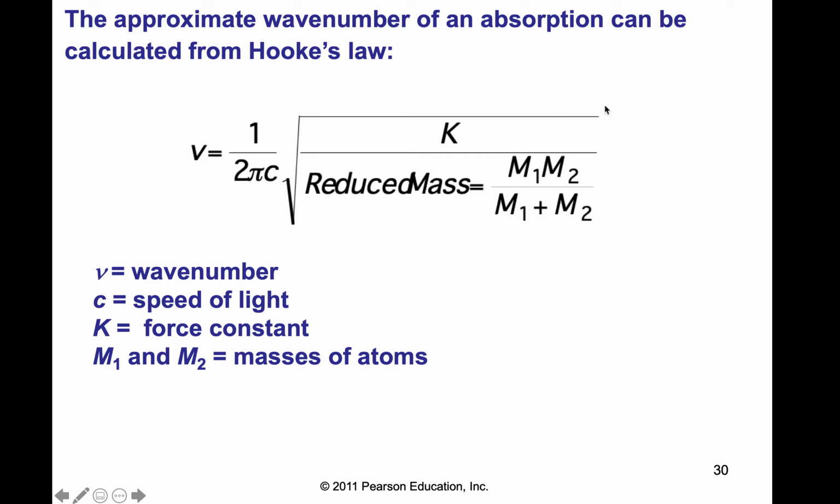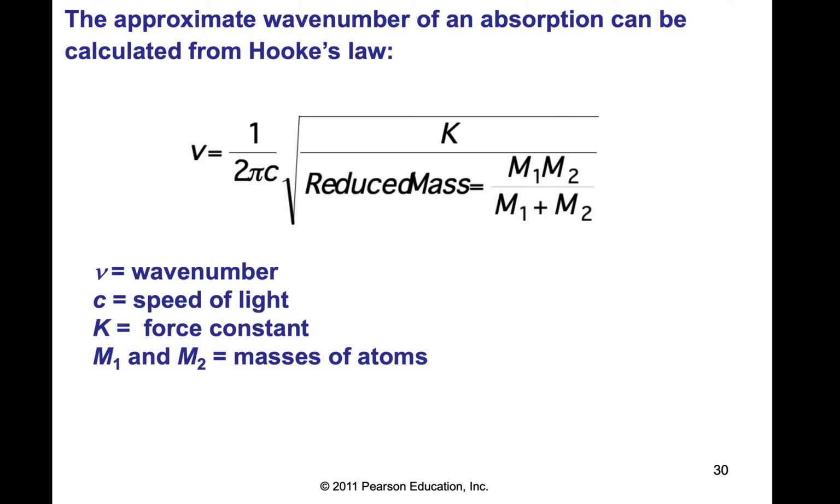Okay, here's Hooke's law. The approximate wave number of an absorption in a compound for a functional group can be calculated from Hooke's law. V equals 1 over 2 pi c times the square root of K over the reduced mass. So if you're looking at an HCl, M1 would be H, Cl would be M2.